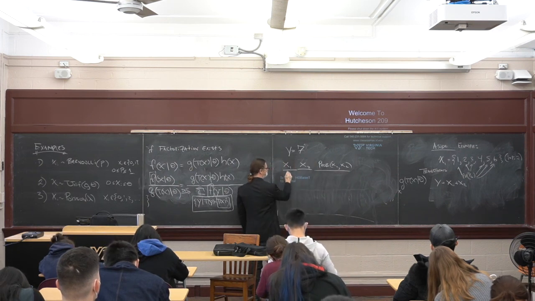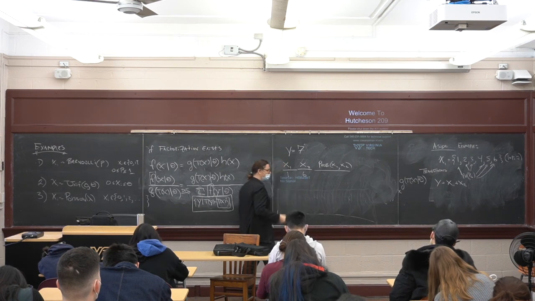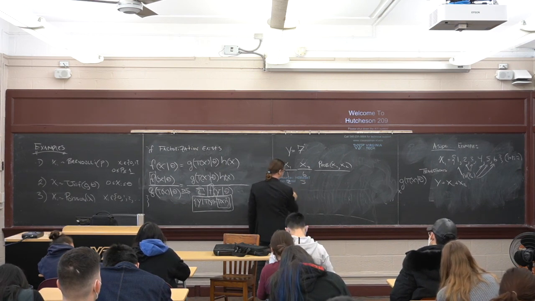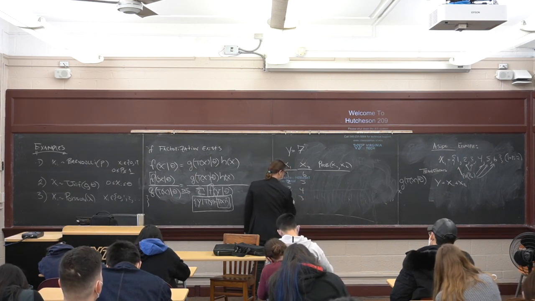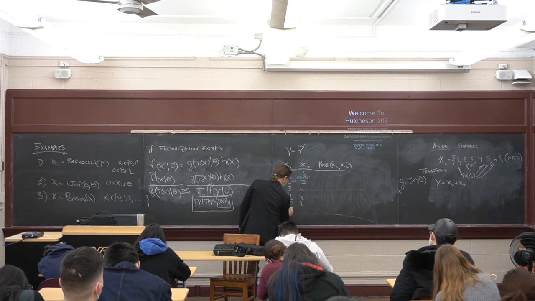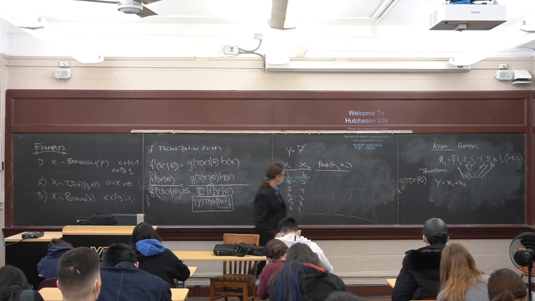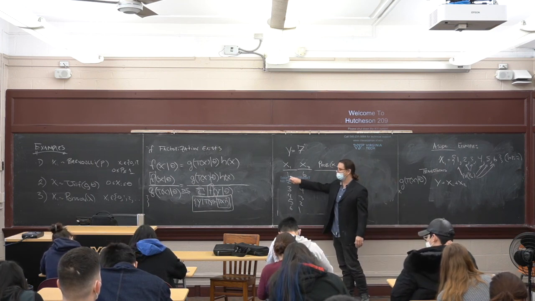So I can get a 7 if x1 is a 1 and x2 is a 6. x1 could be a 2, x2 could be a 5. I'll just write all these out. So those are all the possibilities. And I can figure out what the probabilities of each one of these things are.